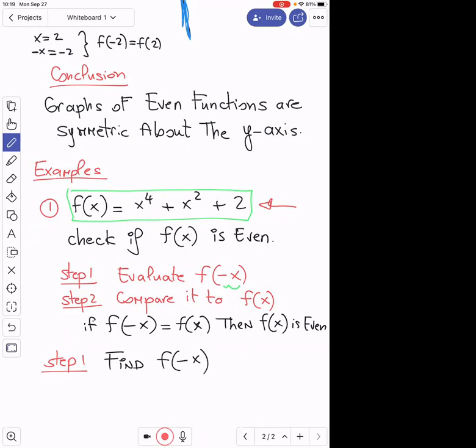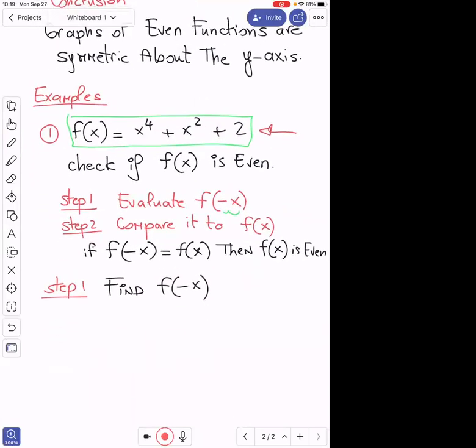My advice for you guys, if you're not really familiar with substitution, is first write down your original function, which is f of x. So I'm going to write down my initial function: x to the fourth plus x squared plus 2, right?